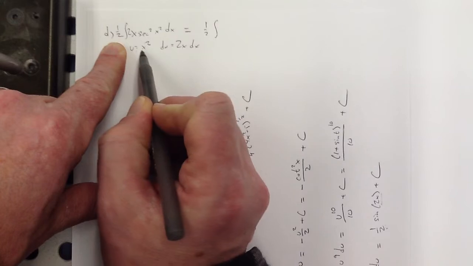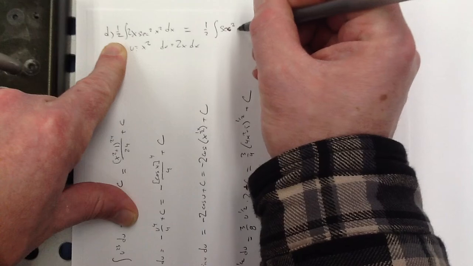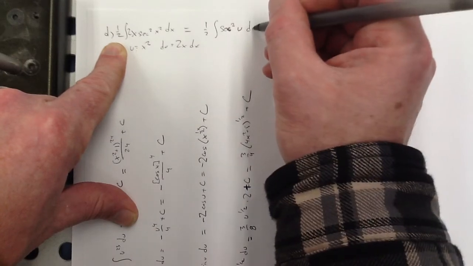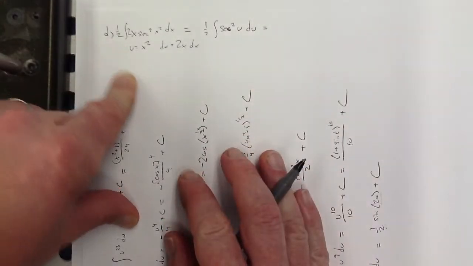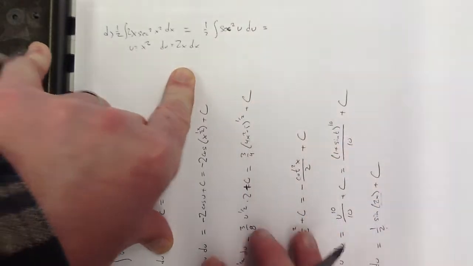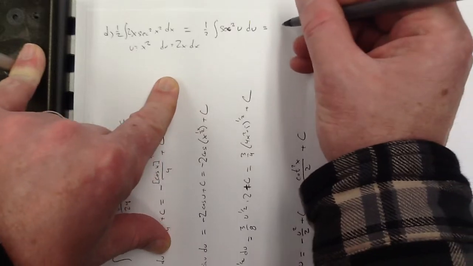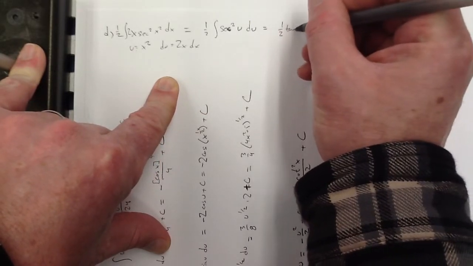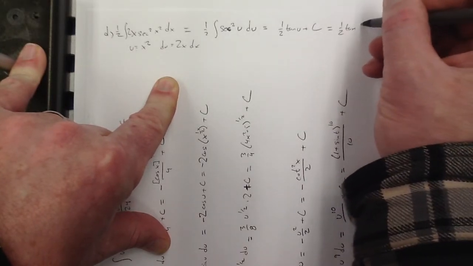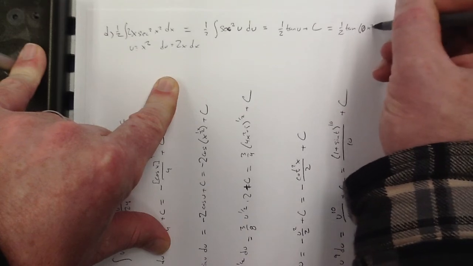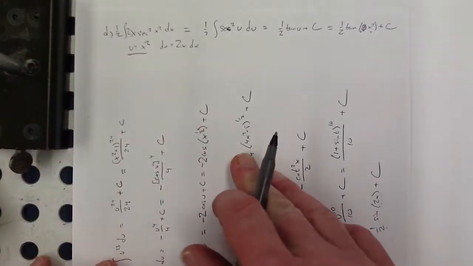And then if u is x squared, that's secant squared of u du. And so what's the antiderivative of secant squared? Oh, it's tangent, right? Because the derivative of tangent is secant squared. You just have to know those. So that's tangent u plus c. And then finally, that's going to be tangent of x squared. Right? Great.